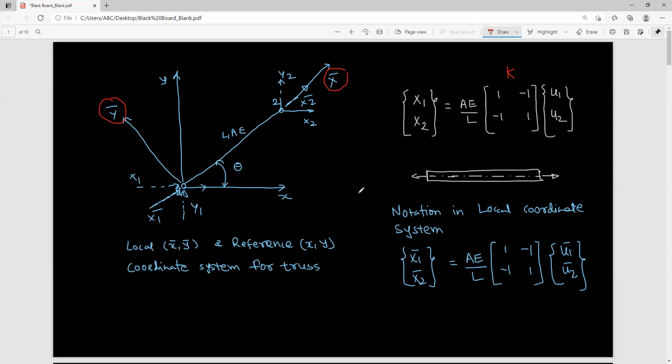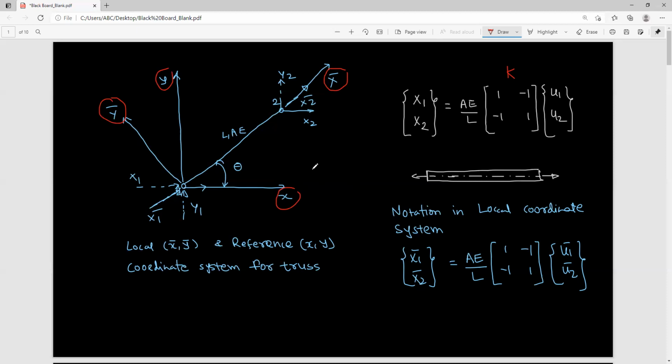Now define the reference coordinate axis, on the other hand, which represents the entire overall structure, and for the entire truss we are required to convert our stiffness matrix to the overall, that is the global reference coordinate system, and that is x and y.